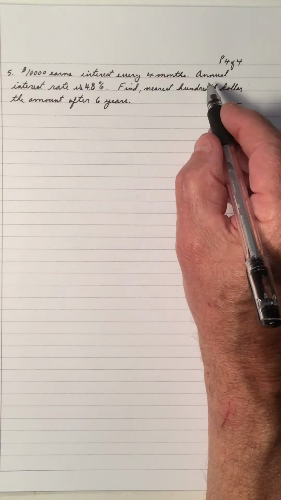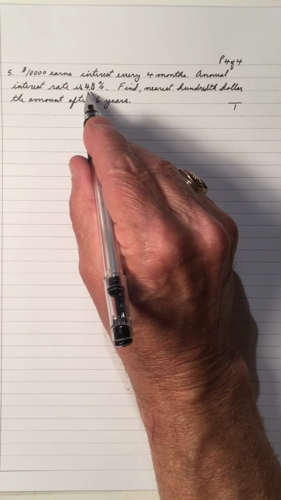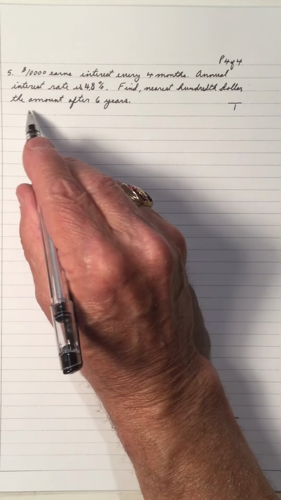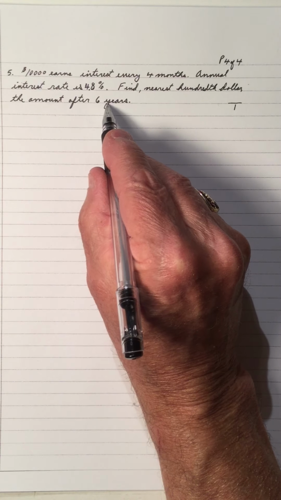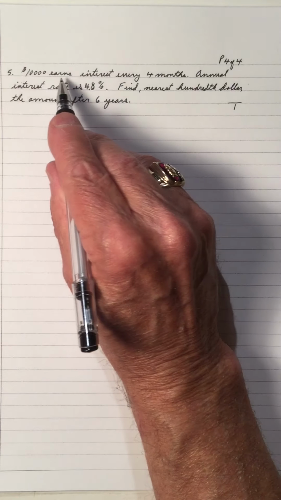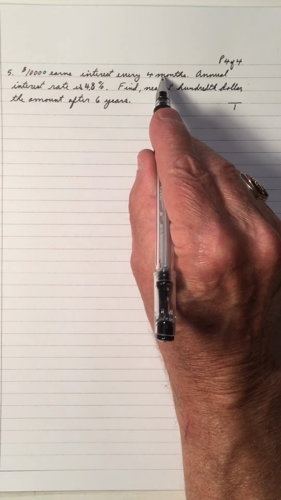And one more to do. $10,000 earns interest every 4 months. The annual interest rate is 4.8%. Find to the nearest hundredth of a dollar the amount after 6 years. So this is interesting because the interest is every 4 months.